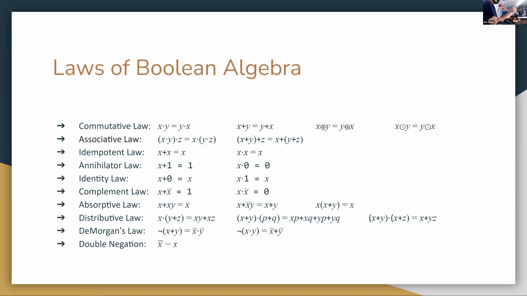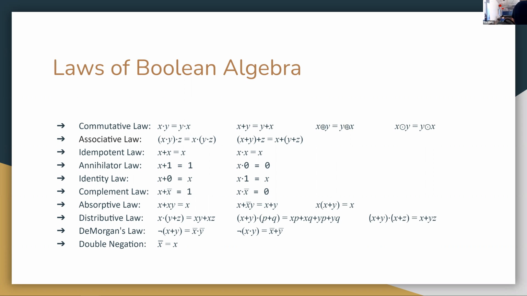No. And with AND, if something AND false, then this is always false, because regardless of what x is, you have to have both to be true to get a true result. That's the nature of the AND operator.